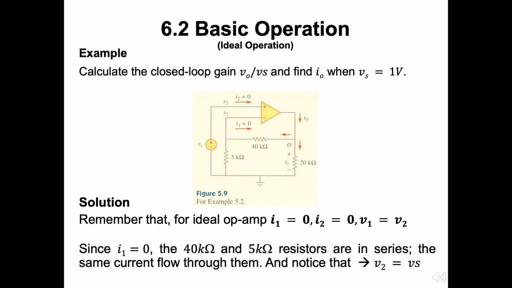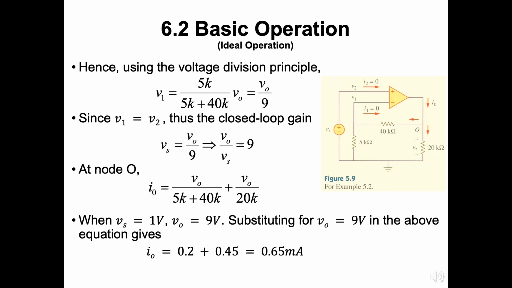Here, since I1 is 0, the 40 kΩ and 5 kΩ resistors are in series, so the same current flows through them. And here, also notice that V2 is Vs, since we know that V1 is V2. V1 is analyzed by considering the voltage division principle.